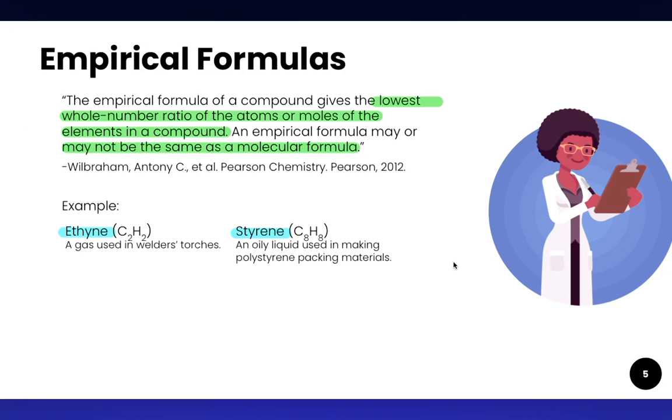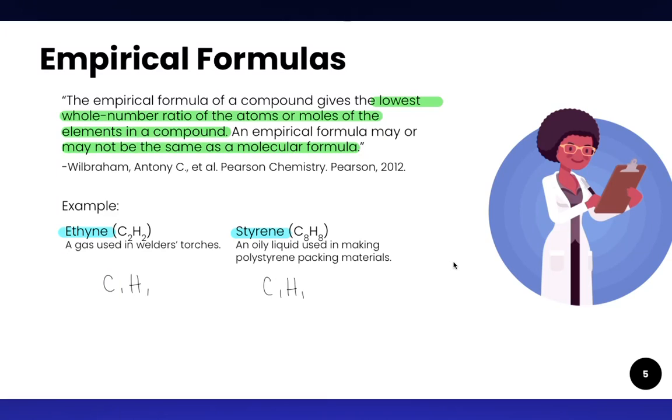They are very different molecules, but they have the exact same empirical formula, a 1-to-1 ratio of carbon to hydrogen. The empirical formula for ethylene is C1H1, and the empirical formula for styrene is also C1H1.